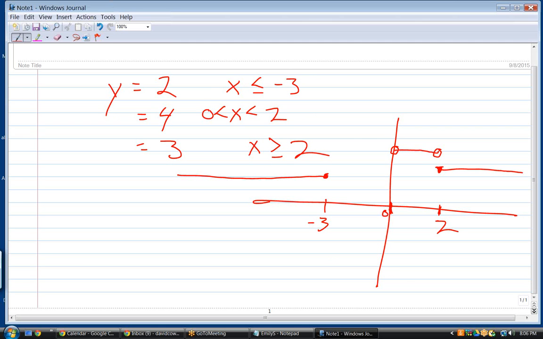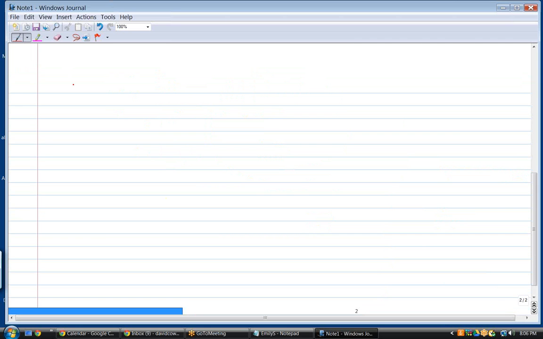Just always start on the right-hand column. In other words, start with your domains. There's three different domains, and each domain has a different y value. Let's do another one, and I think it'll be a little bit more clear.